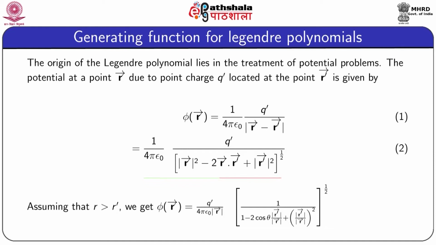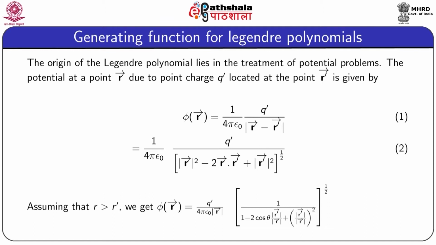This becomes a square minus 2 a dot b plus b square in this form, that is here modulus r square minus 2 times r dot r dash, which is a dot product, plus mod r dash square under the square root sign. Assuming r is greater than r dash, we simplify expression 2 to get expression 3.